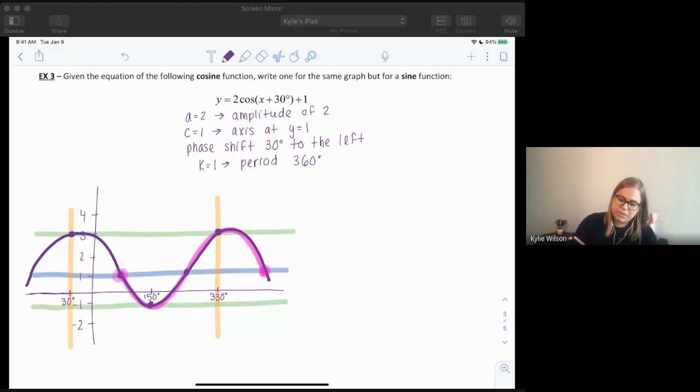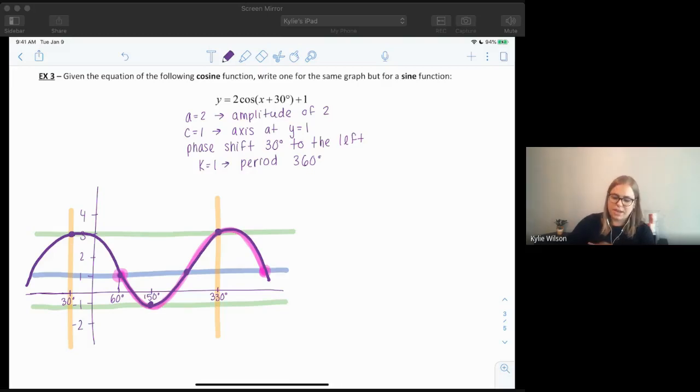The first thing that we want to notice is where my curve hits my axis here. That happens right in between 150 and negative 30. So that would be at 60 degrees, like that. So that is our starting point.